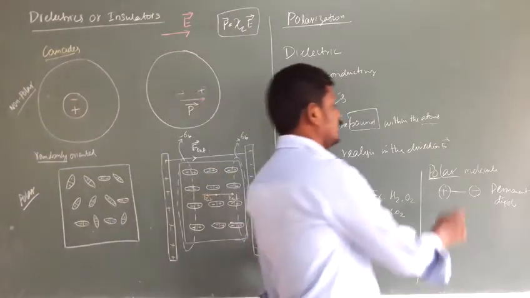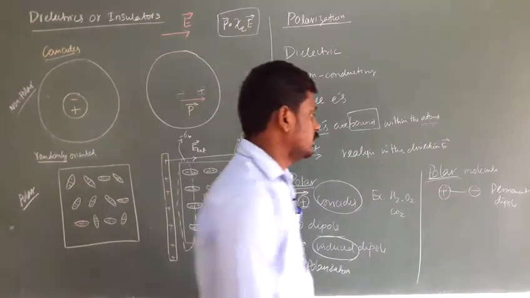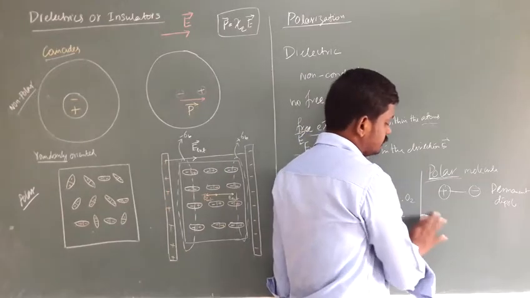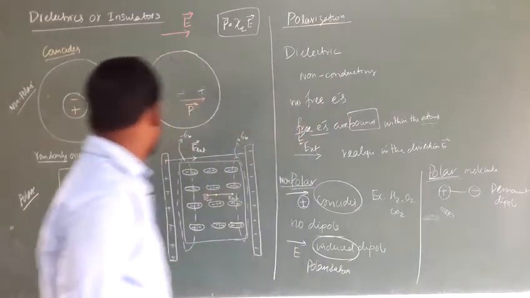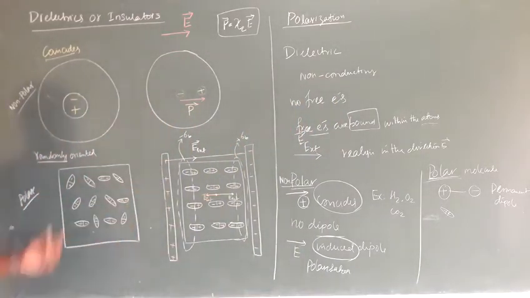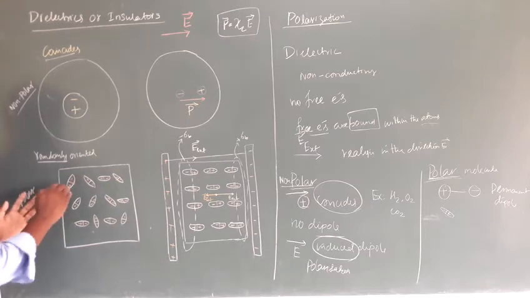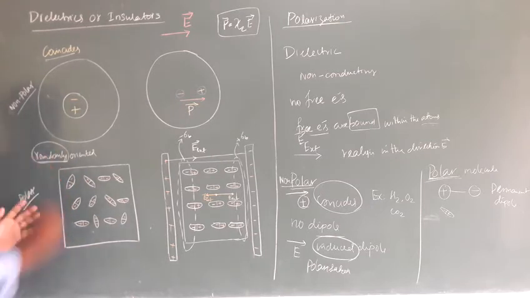That comes under polar molecules. The dipoles are already present, equal and opposite charges separated by a small distance, but before applying an electric field, the dipoles are randomly oriented.